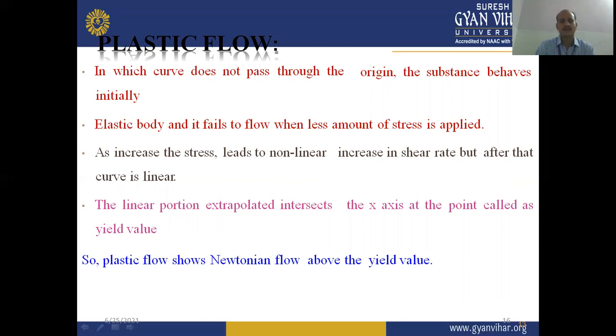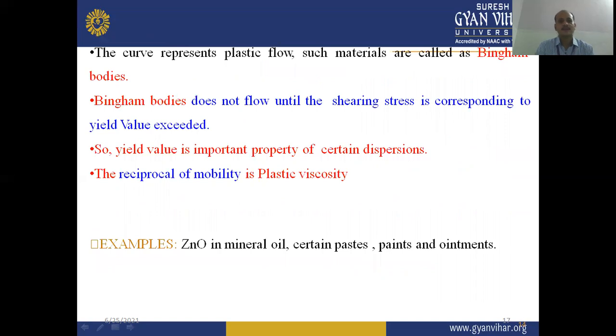These are also known as Bingham bodies, named after Bingham, who is the pioneer of modern rheology. So plastic bodies or plastic systems are also known as Bingham bodies. Bingham bodies do not flow until the shearing stress corresponding to the yield value is exceeded.